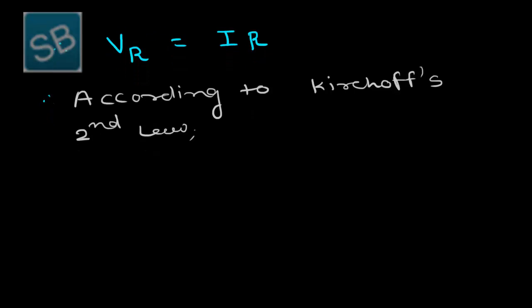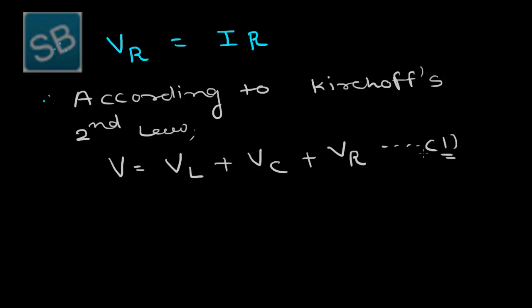So what will you get? The total voltage is V, and the voltage is divided among the circuit components: inductor, capacitor plus resistance. Now we have all three values of VL, VC and VR, as well as the AC voltage applied to this circuit, Vm cos omega t.